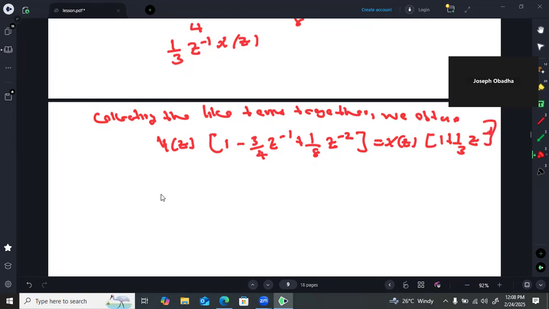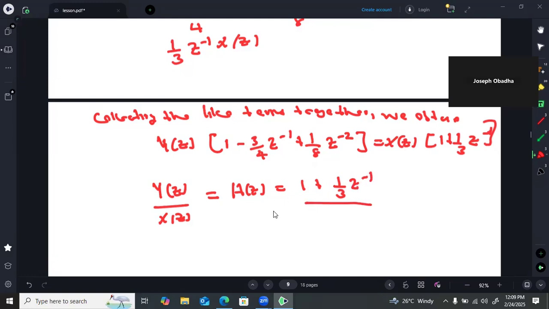Or we simply have Y(z) over X(z), which is equal to H(z), equal to (1 plus 1/3 z^-1) over (1 minus 3/4 z^-1 plus 1/8 z^-2).